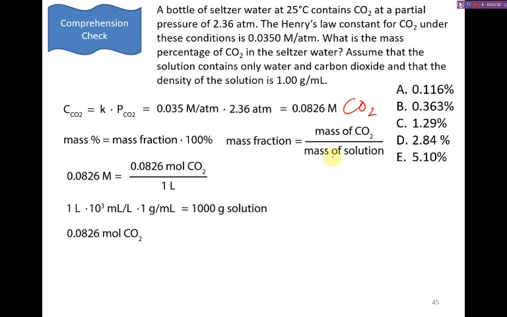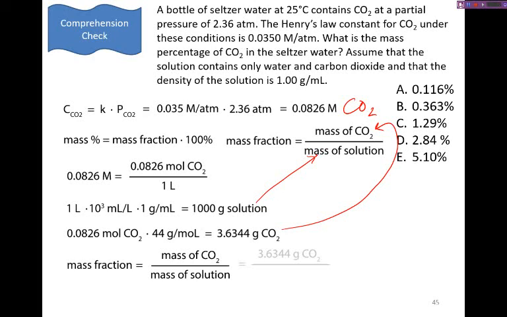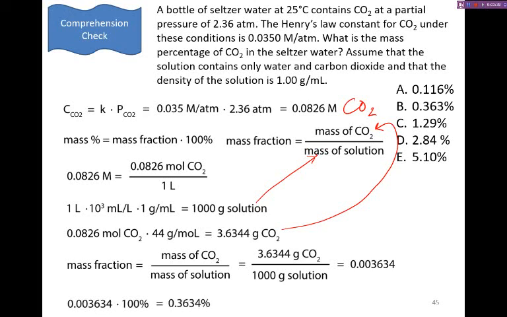That's going to be used in our denominator here. By using the molar mass of carbon dioxide, we can find the mass of carbon dioxide, which gives us our mass fraction. We can take the mass of carbon dioxide over the total mass to get the mass fraction. Multiply that by 100%, and that gives us our mass percent.